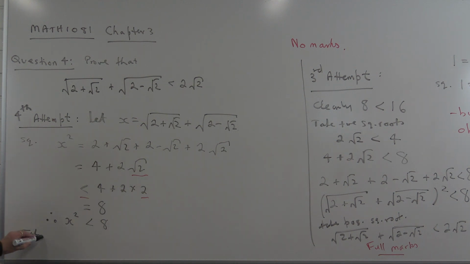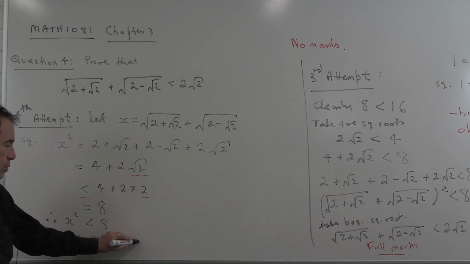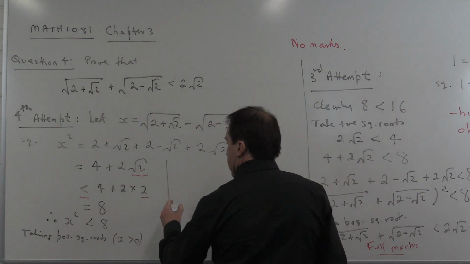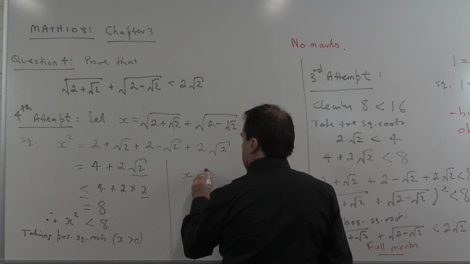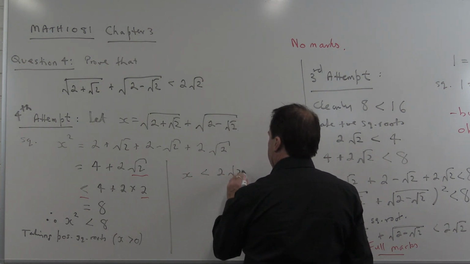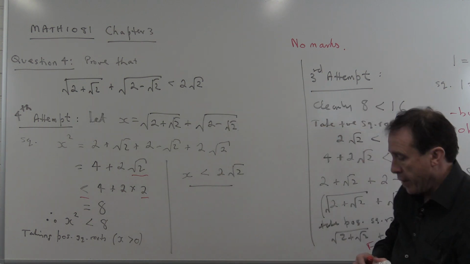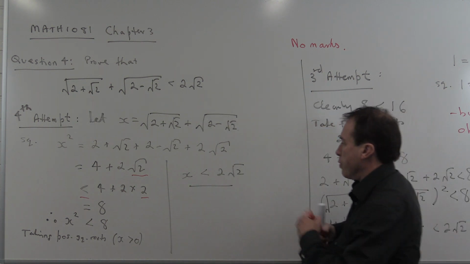So taking positive square roots and noting that x is in fact positive, we have x then is less than 2 root 2. And that's what we had to show. So that proof also is worth full marks.